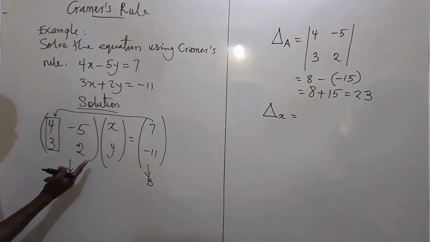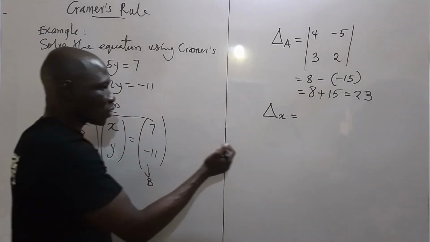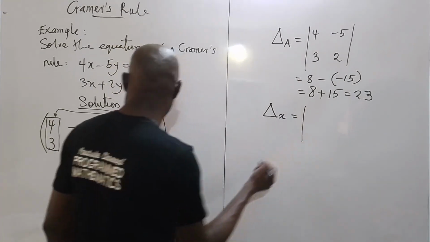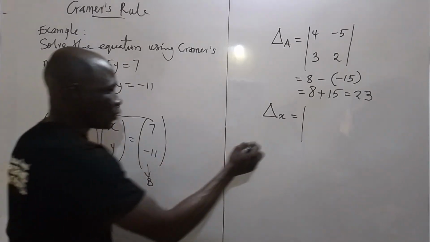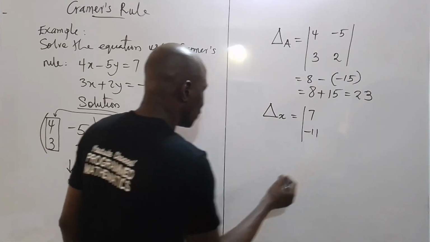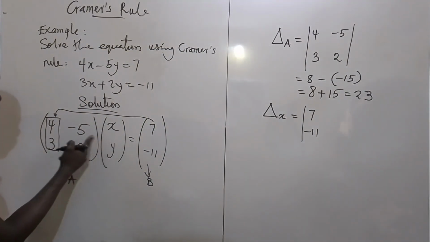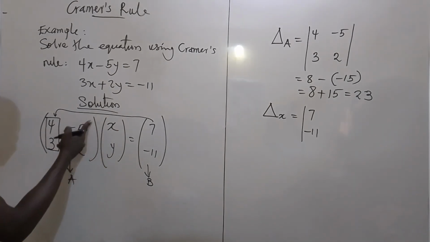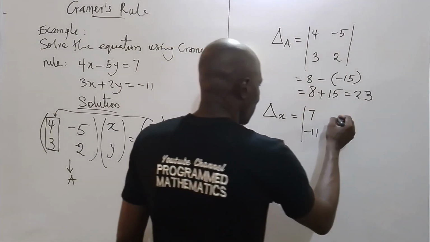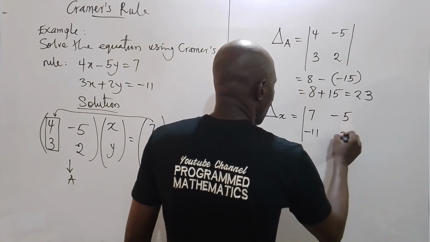When we want to find the determinant corresponding to x, we are calculating the determinant of this, where the x column now becomes 7, minus 11, and the y column still stays the way it is because our focus is not on y yet. So the y column remains minus 5 and 2.